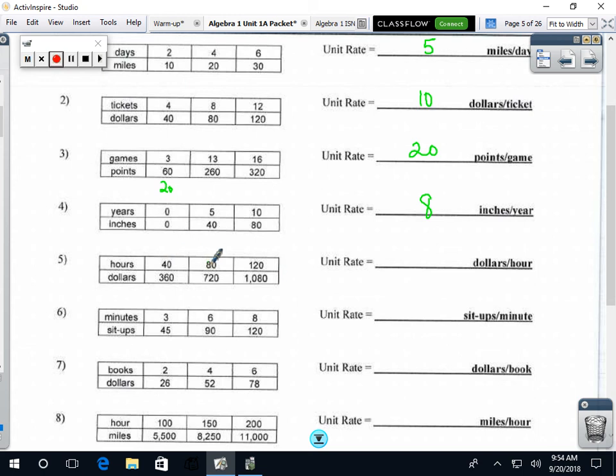The X's are jumping by 40s, and the Y's are jumping by, okay, let me just confirm that for the second one. Okay, 360 plus 360 is 720. And then if you add 360 again, it takes you to 1080. So yes, they're jumping by 360. And 360 divided by 40 is, right, so $9 per hour.